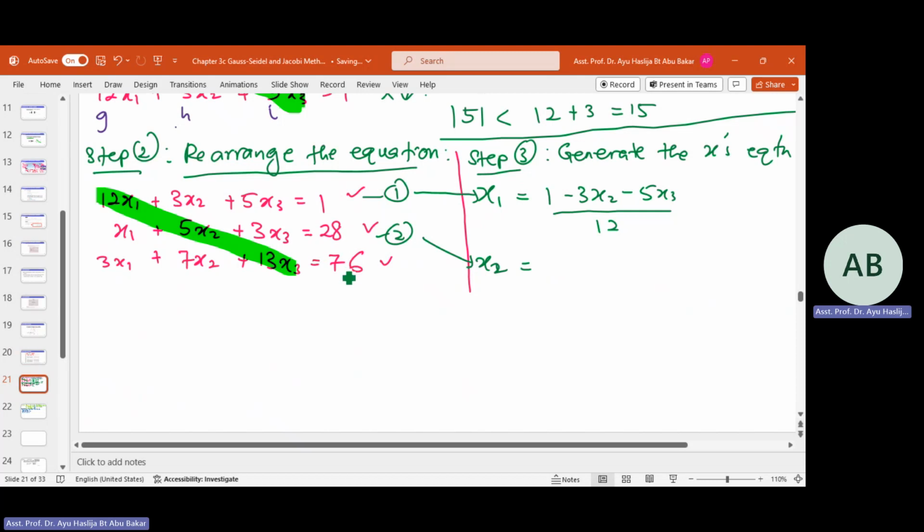Okay, so from here, you rearrange, you'll get the new equation for x1, x2, and x3. Okay, then equation 3 for x3. Don't mix up, okay? Because if you mix up, your answer will be different.